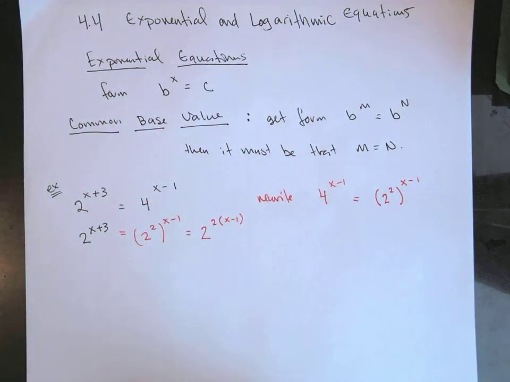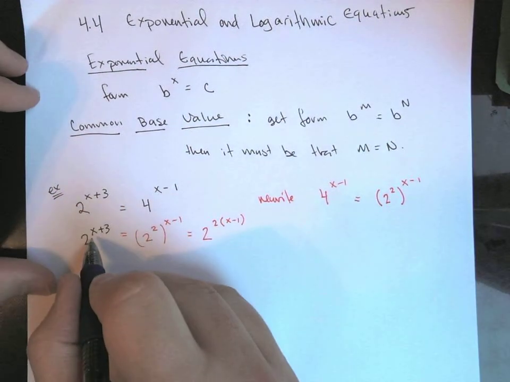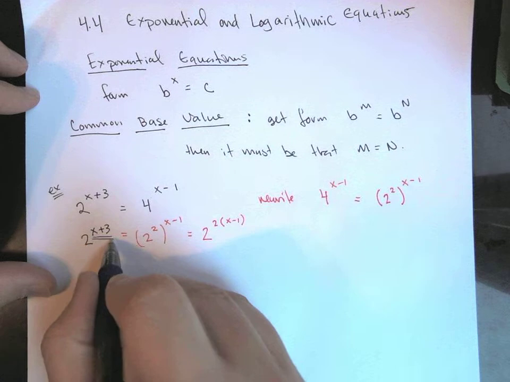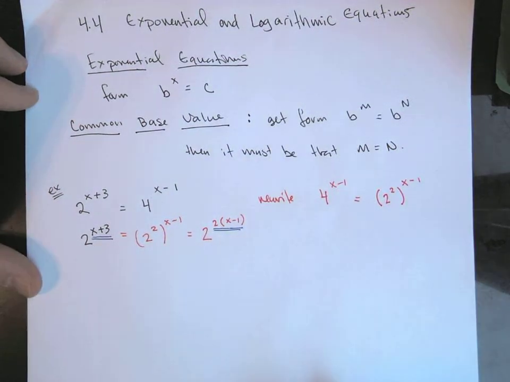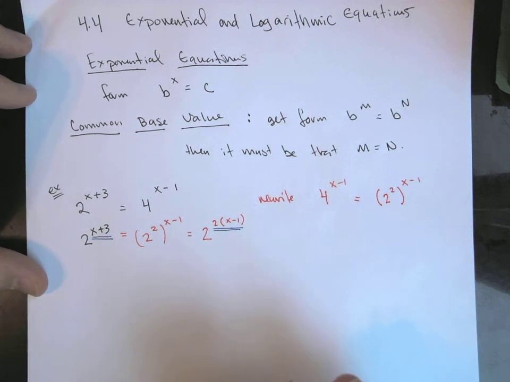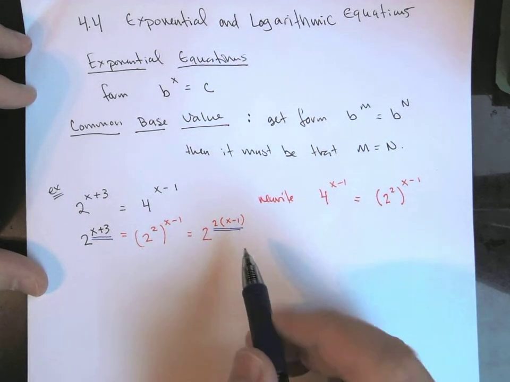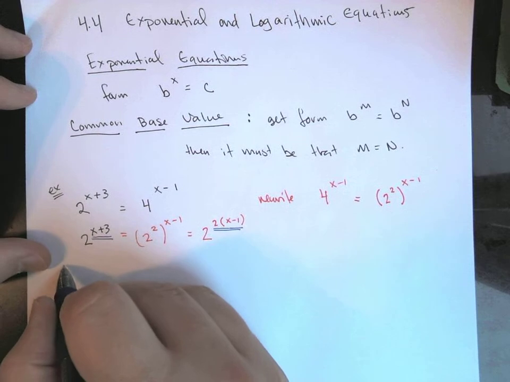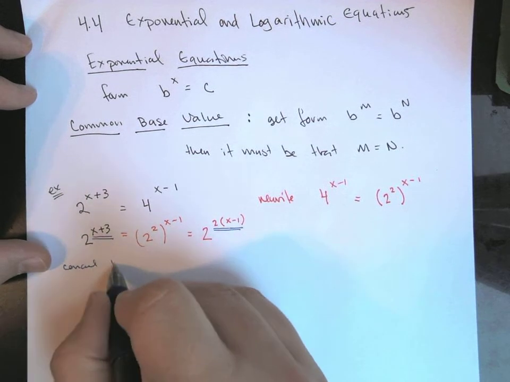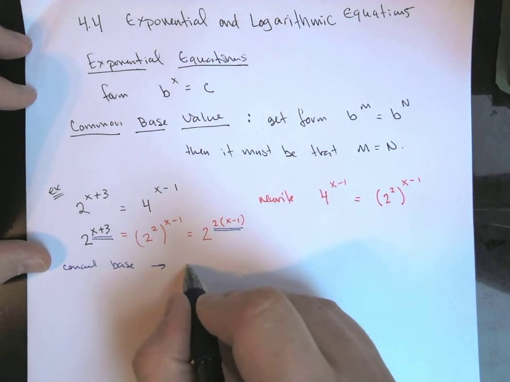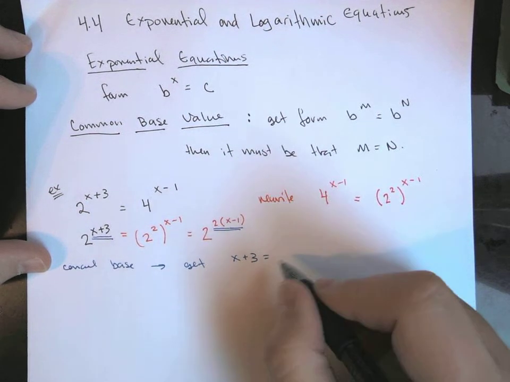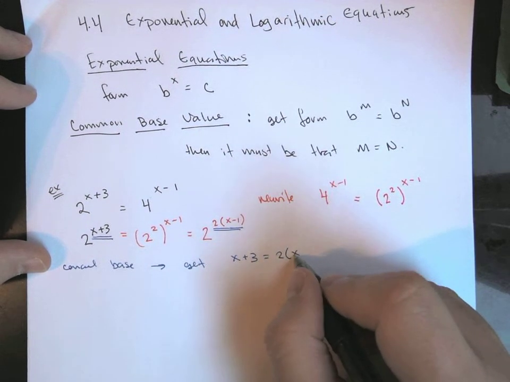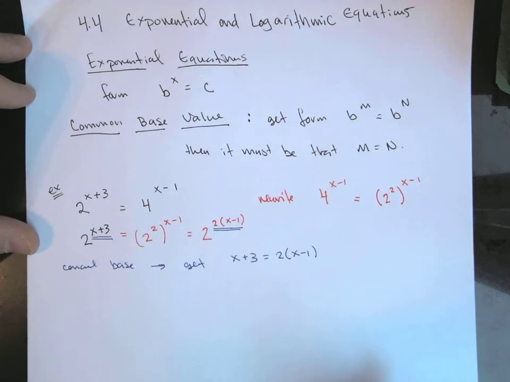And so the exponent on the left, x plus 3, should sync up with and be equal to our exponent on the right, which is 2 times the quantity x minus 1. Again, make sure you keep that x minus 1 in parentheses so that you can expand it. So we can think of this as canceling the base, and what we get is x plus 3, the exponent from the left, is equal to 2 times x minus 1 quantity from the right.